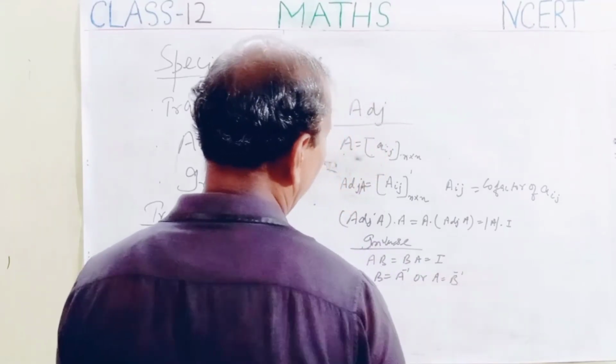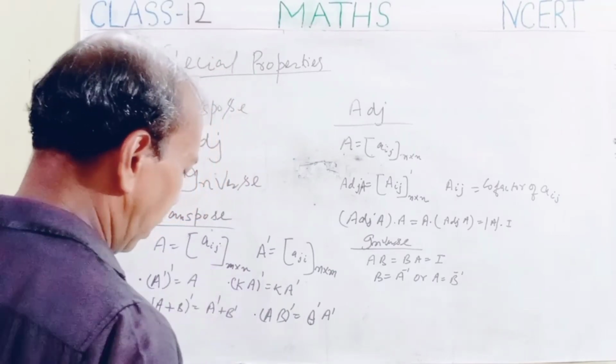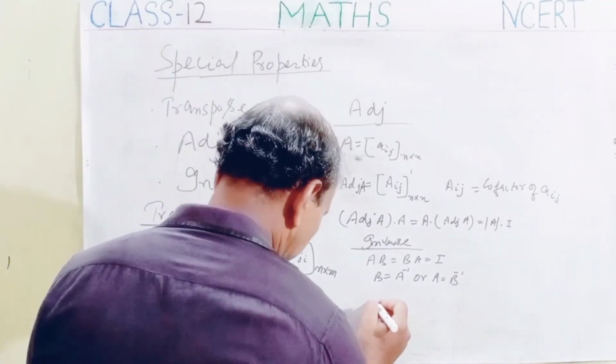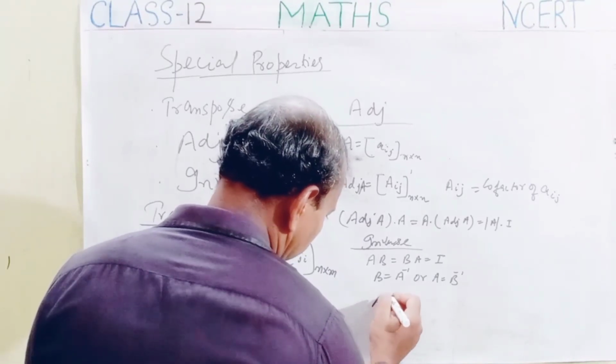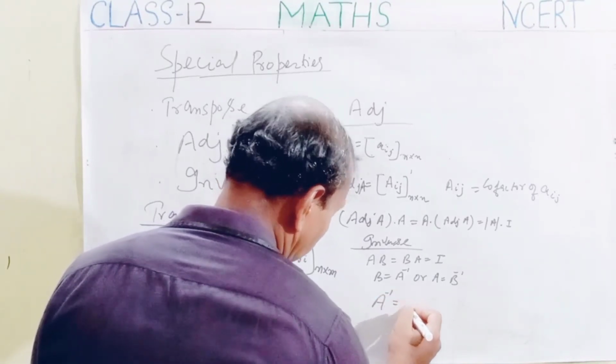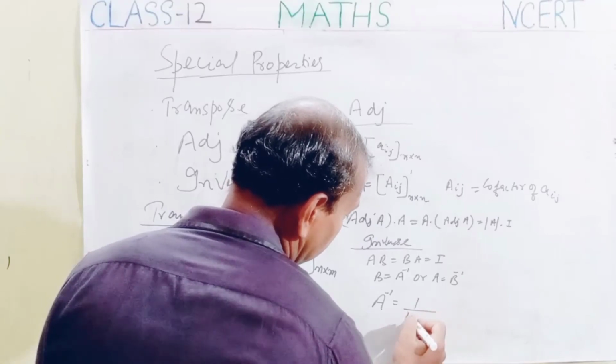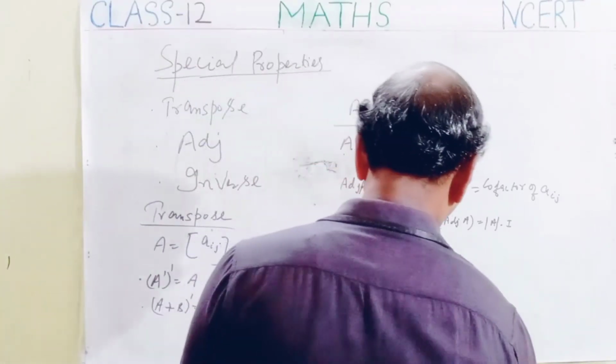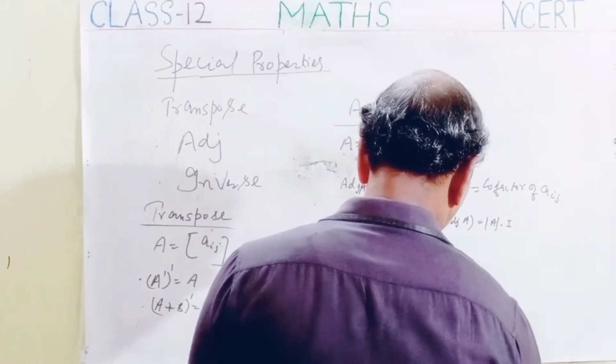And how to find the inverse? A inverse is equal to 1 by determinant of A, into the adjoint of A.